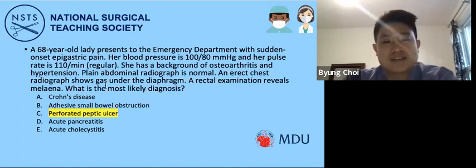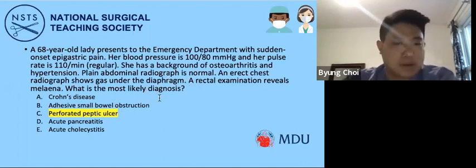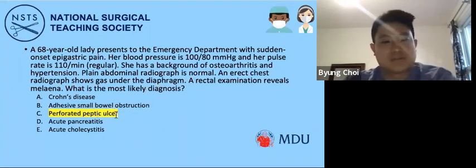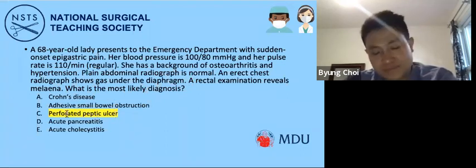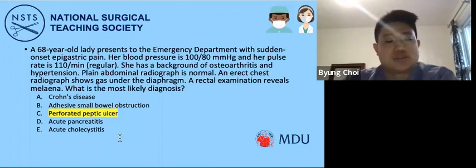And the erect chest X-ray shows gas under the diaphragm, and that's the key really, and it's the giveaway, which most of you probably would have gotten. You've got a pneumoperitoneum here. You've got a perforated viscus, which in here is the peptic ulcer that's causing it, which is likely in the duodenum. So you've got essentially a perforated ulcer in the duodenum, which is causing gas under the diaphragm, giving the patient this sick presentation. So that's the answer.